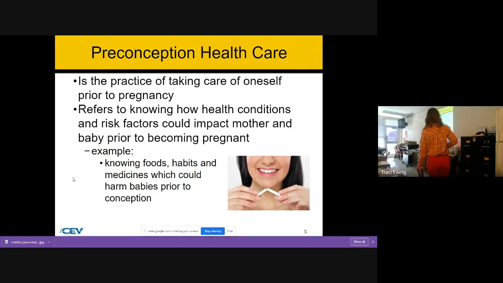Okay. Preconception health care. You need to take care of yourself before you become pregnant. So pregnancy, the healthiest, best case scenario is a planned pregnancy. Do unplanned pregnancies happen? Yes, they happen all the time. We probably know, everybody knows someone that's had an unplanned pregnancy.